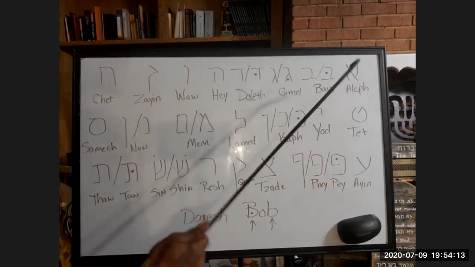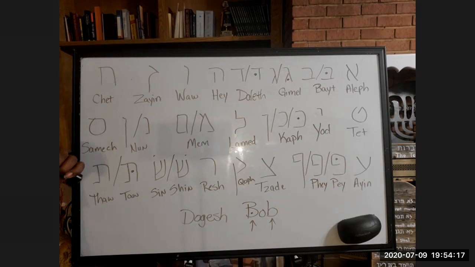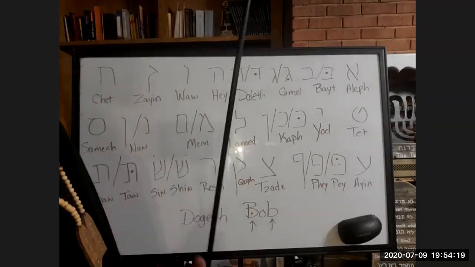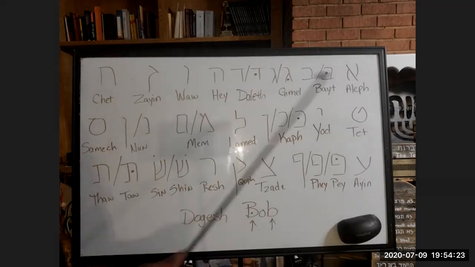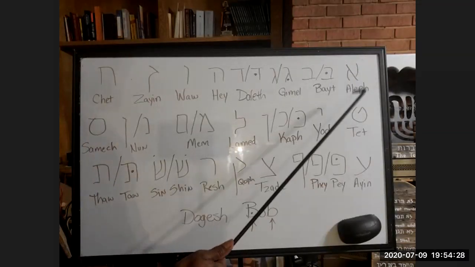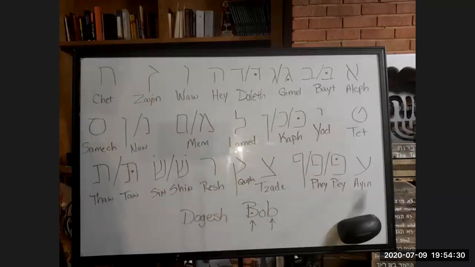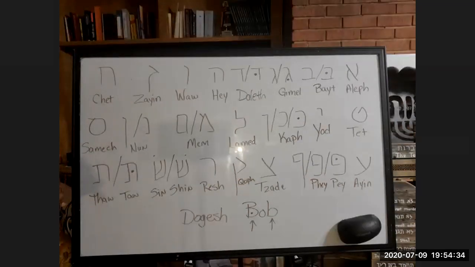So the Aleph is the first letter, going back over everything from the top. Hebrew reads and is written from right to left. The Hebrew alphabet, the Aleph Bet, consists of 22 consonants with 5 letters that double as a vowel.